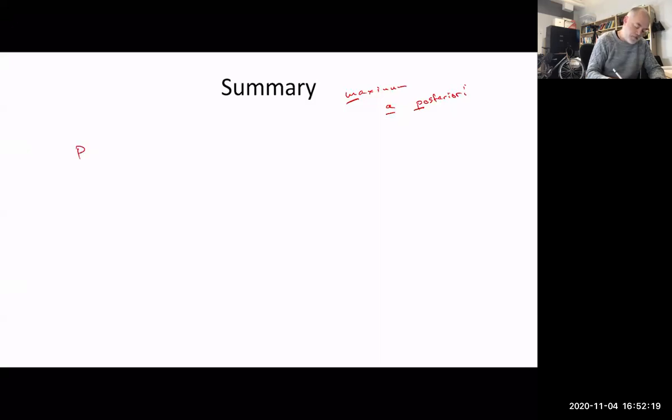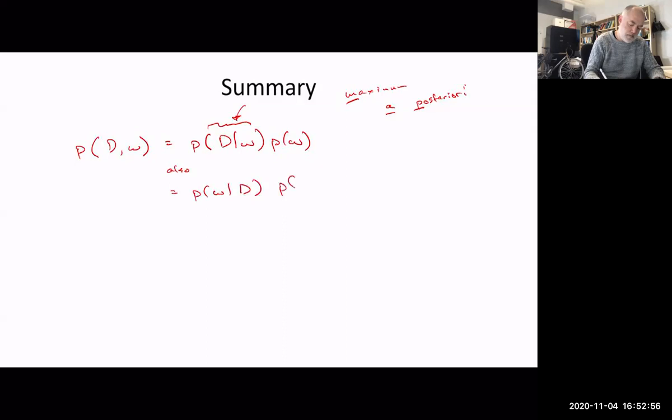So we've been doing D and W. There is a joint distribution of D and W. Let's have some fun. We've been talking about the likelihood. Then there's a prior. Okay. So we've been talking about maximizing this with respect to W. We can also write this as P of W given D times P of D. These are just standard rules of probability, right?